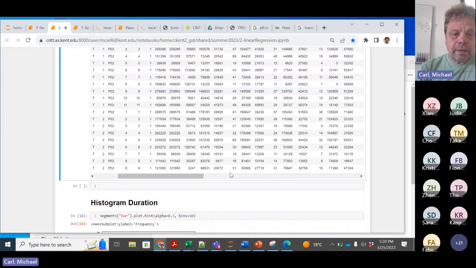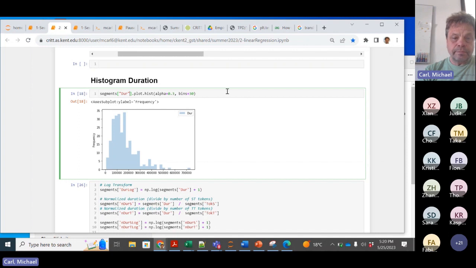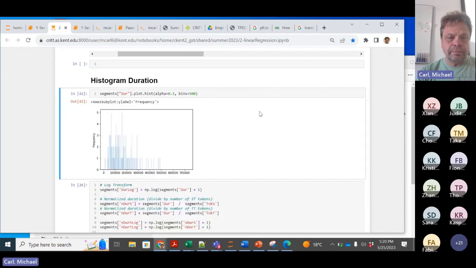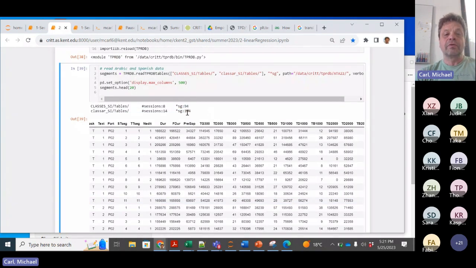Okay, so we can now look into histograms. Here, that's what we just discussed, and we can have different numbers of bins here. As you can see, it doesn't change very much. If we put 500, it takes a bit longer to produce this, but you can see this is maybe not a very nice representation. It's too many bins, maybe, because we only have 250 or so data points.